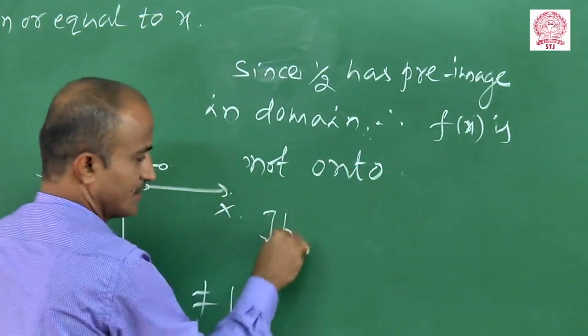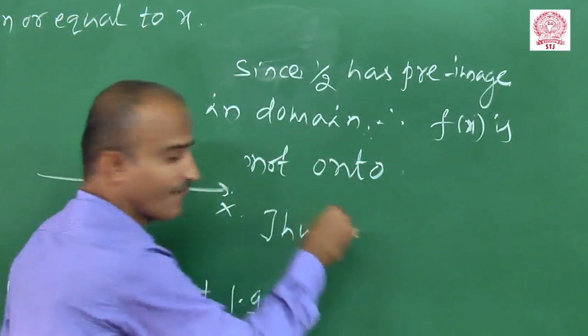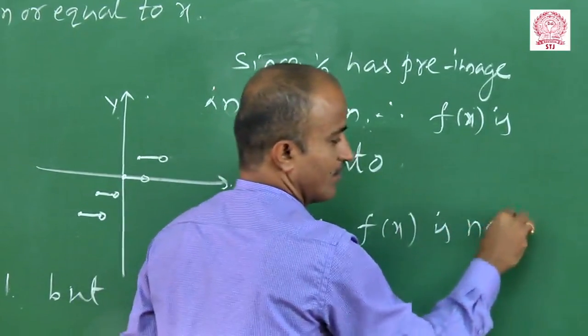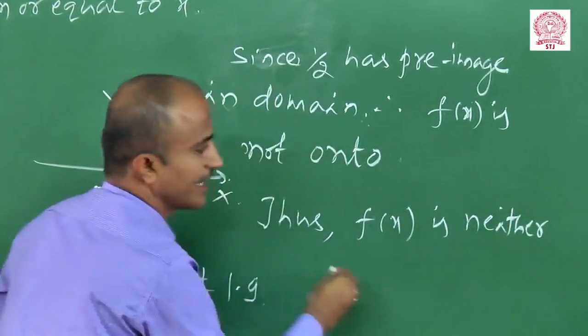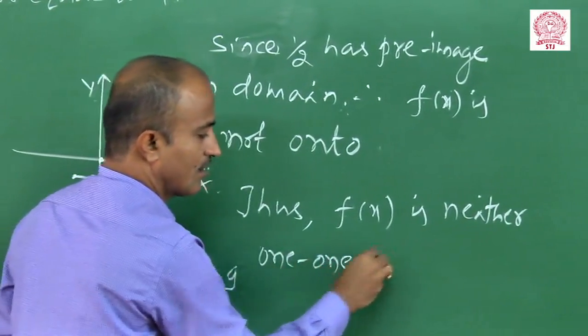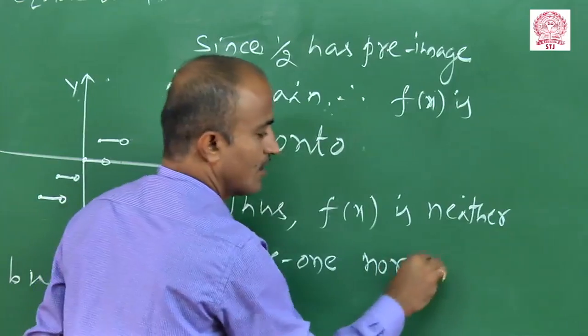Thus f of x is neither 1 to 1, nor onto.